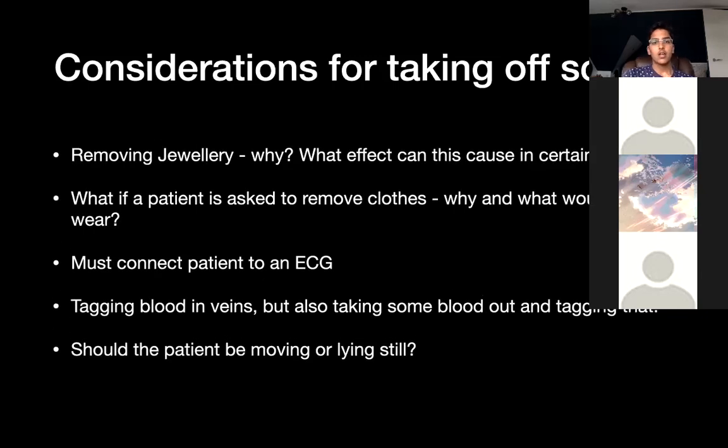Okay, jewelry. Why do you have to take off jewelry? And what effect can this have in certain cases? There's a very specific name of the effect that this can have on an X-ray. Does anyone know the name of that effect?